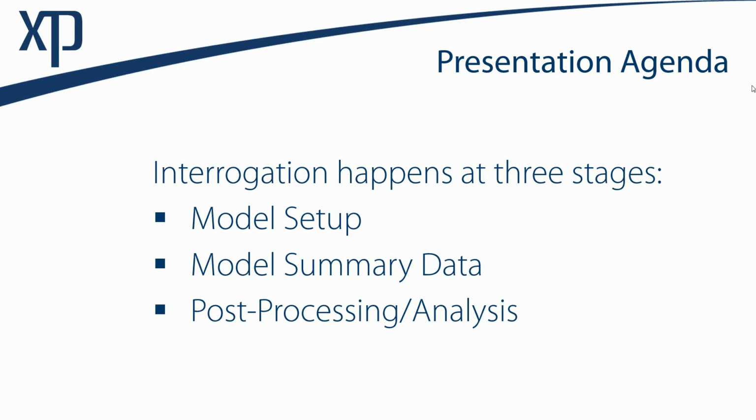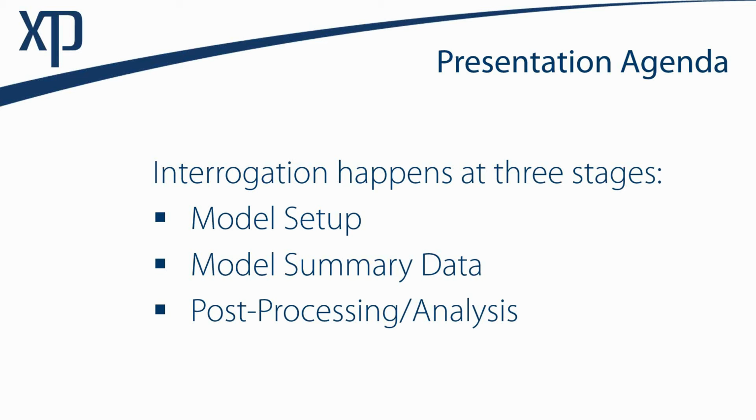Okay, so thank you, Nicole. Today we're going to look at some creative ways that we can interrogate 2D models. In today's agenda, I'm basically going to break that down into three sections. There's going to be the model setup section, because a lot of the outputs that we get with 2D models, we have to set up in the model build process.